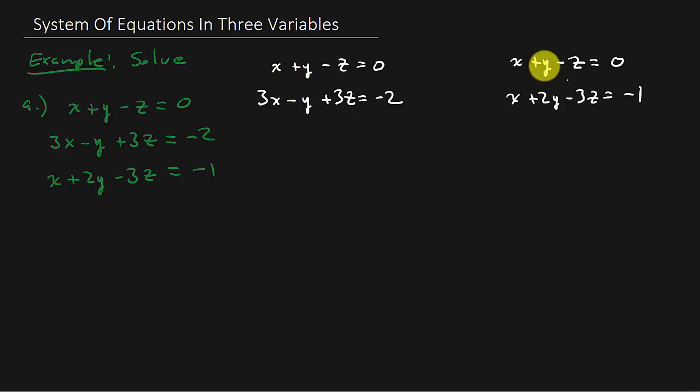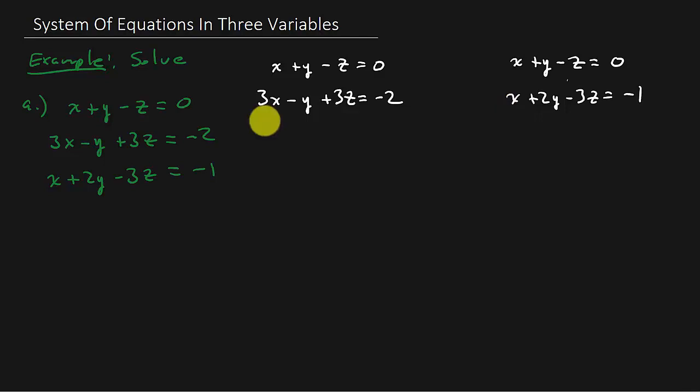Over here, we'll have to multiply the first equation by -2, so we get -2y plus 2y. If you wanted to, you could eliminate the x's or the z's. It doesn't matter; y is just the easiest one to eliminate.